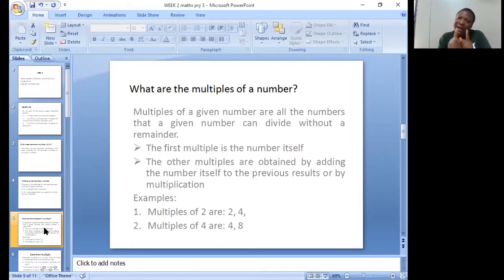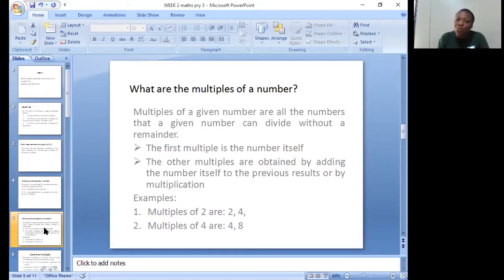If a given number can divide all other numbers without a remainder, it means all those other numbers are its multiples. The first multiple is the number itself.